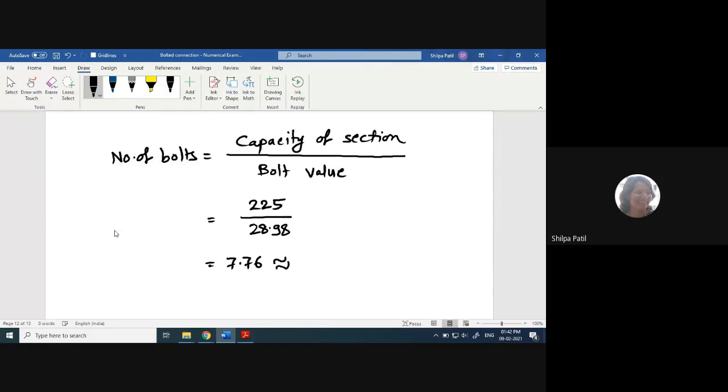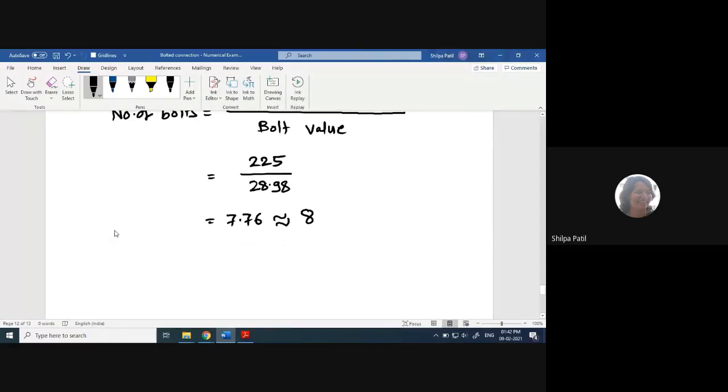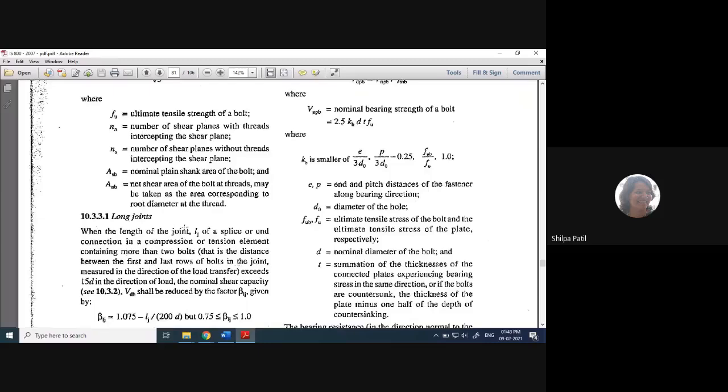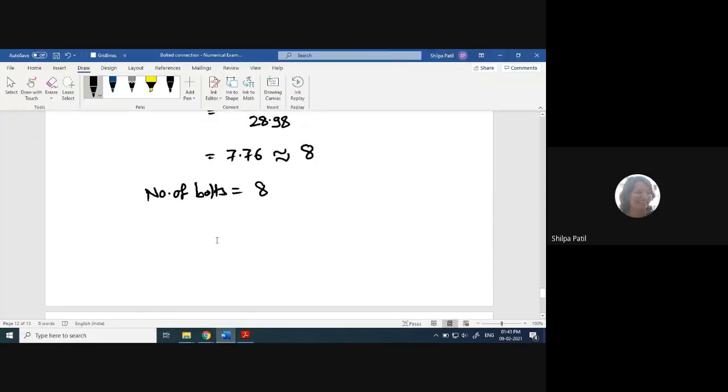It means we never provide an odd number, so the number of bolts required is 8. Now we have to check the reduction factor, or the long joint criteria, along with this. So we will see that first, and then only we can decide the final number of bolts.